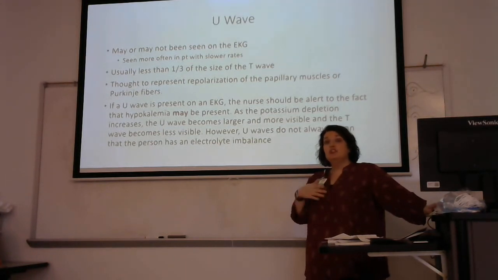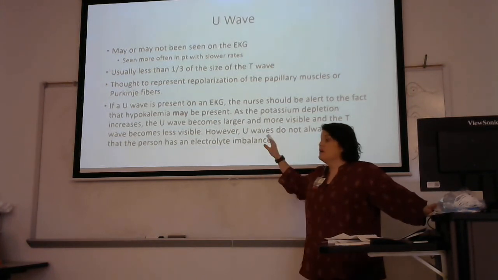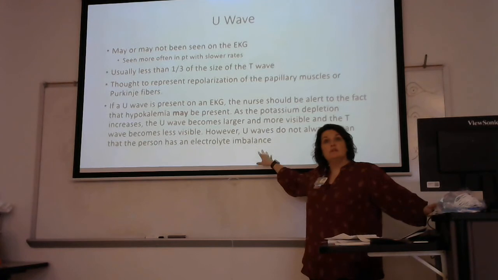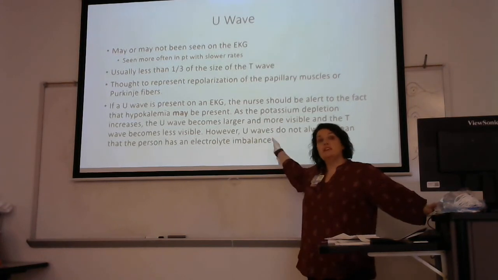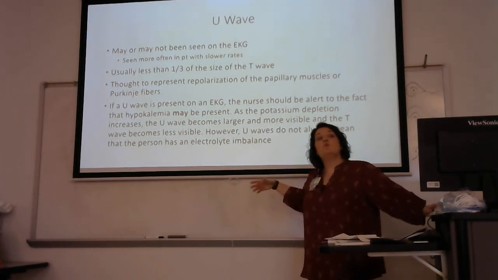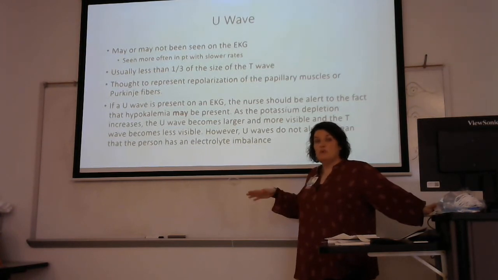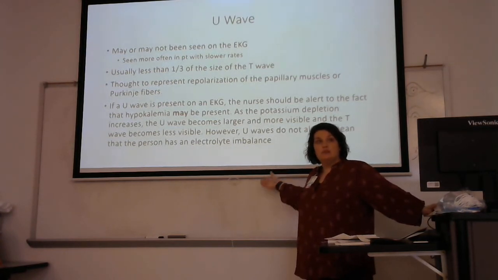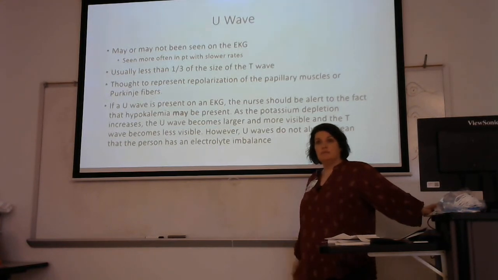If not, you would anticipate the physician ordering one, because we don't know if it's that person's normal or if maybe they have a low potassium, okay? So that's just what I like y'all to realize, that you could potentially see it. We don't know why some people have U waves, but we do know that some have U waves because they have a low potassium level, but that's not the case in every single individual, okay?